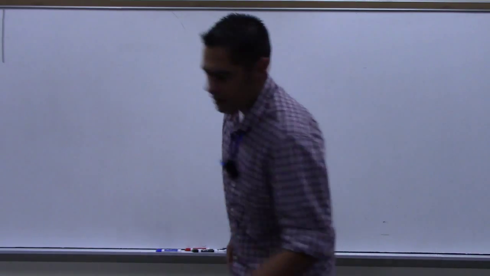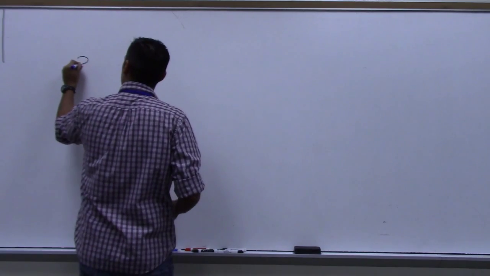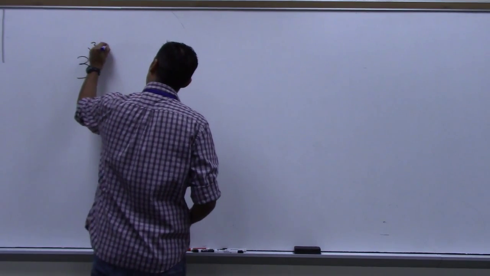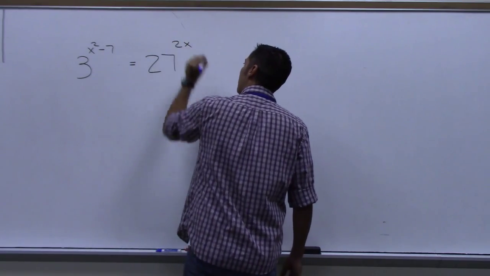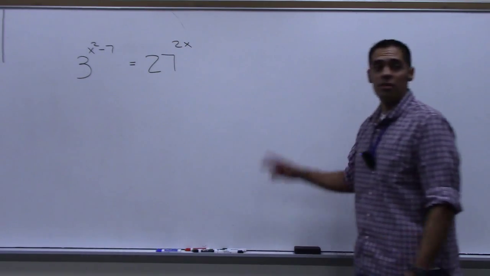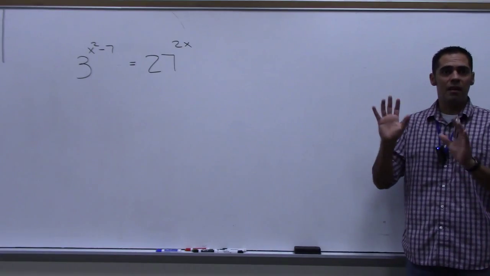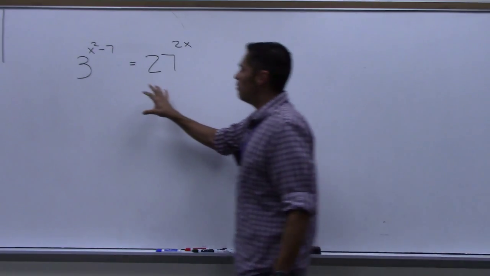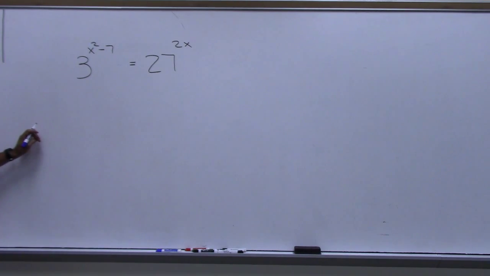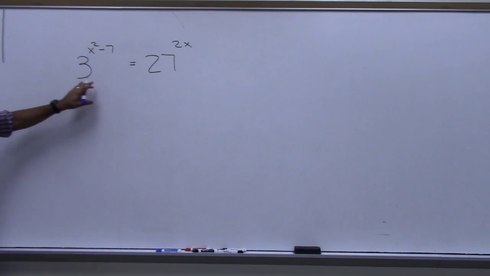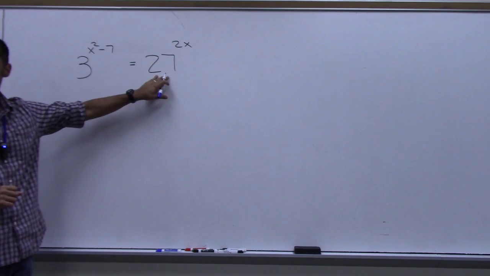Let me see, 3 raised to the x squared minus 7 equals 27 to the 2x. So when we're asked to solve this, what we did last class, we tried to figure out if there was a way that we could rewrite the bases as the same number. You all remember that? So we recognize hopefully that 27 is 3 cubed.